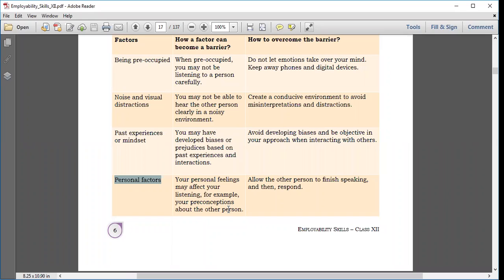If you have preconceptions of other people, कि you have some concept that ये person जो है अच्छा नहीं है या बुरा है, ऐसे factors को हमें, you should not allow yourself to stop that person, right? So allow other persons to finish speaking and then respond. So this should be followed.